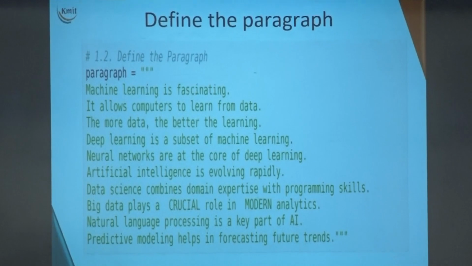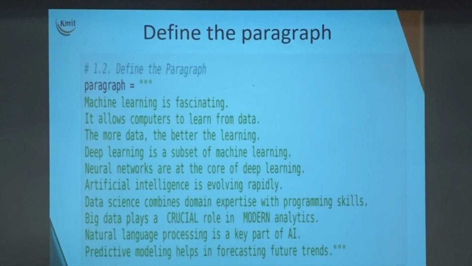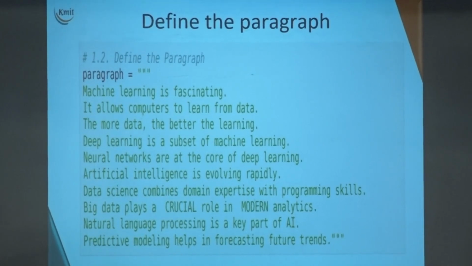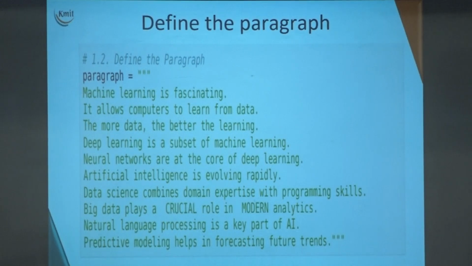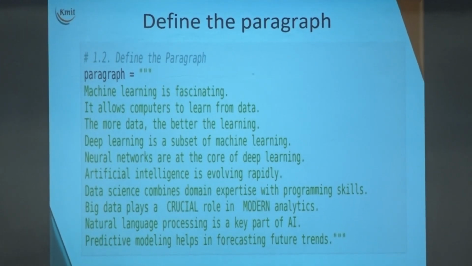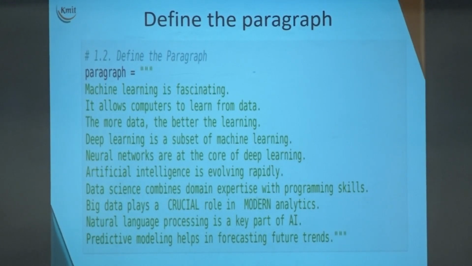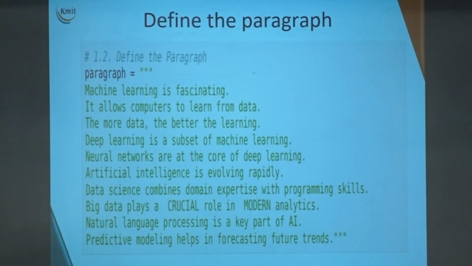Second is the given input. So here the input is text input. I am defining the paragraph that I want to process. You can see there are multiple sentences here. I have defined a paragraph telling machine learning is fascinating. It allows computers to learn from data. The more data, the better the learning. Deep learning is a subset of machine learning. You can see the entire thing goes on.